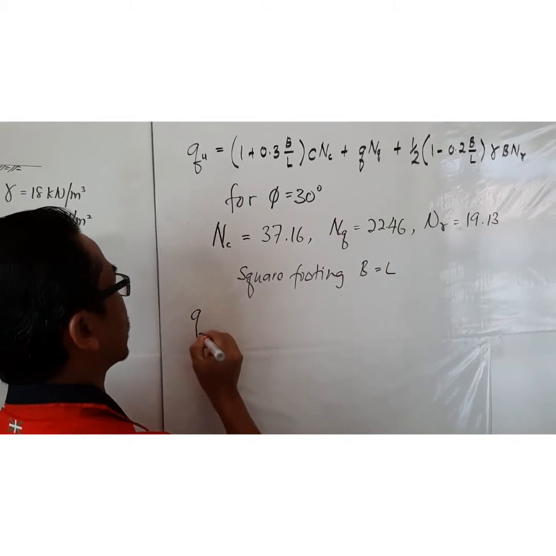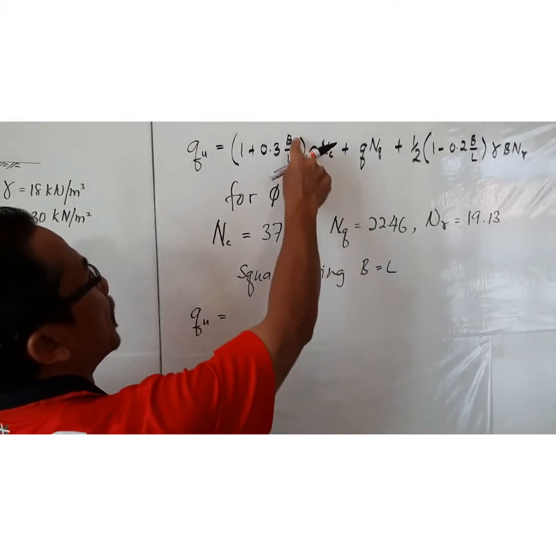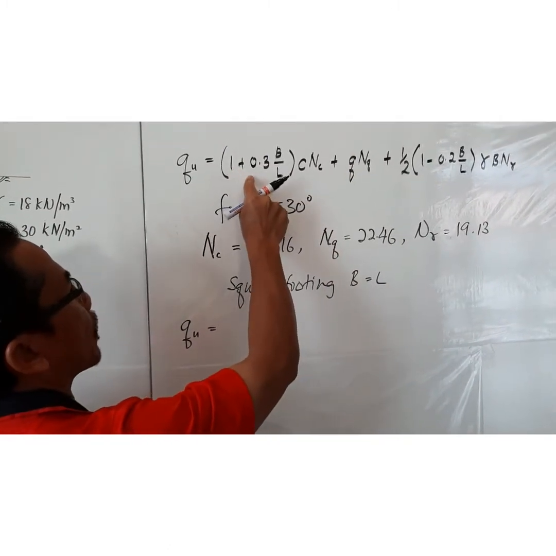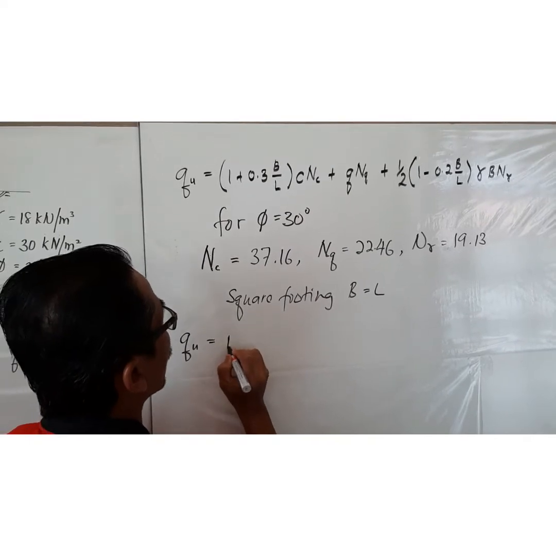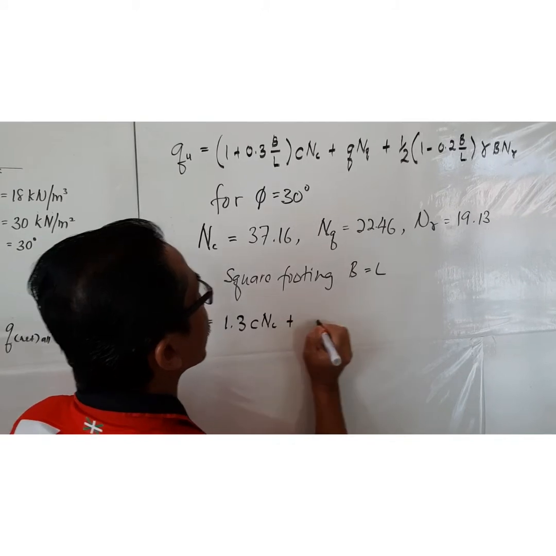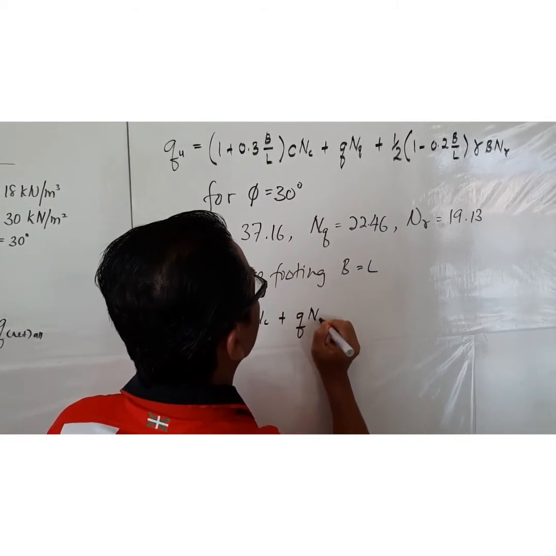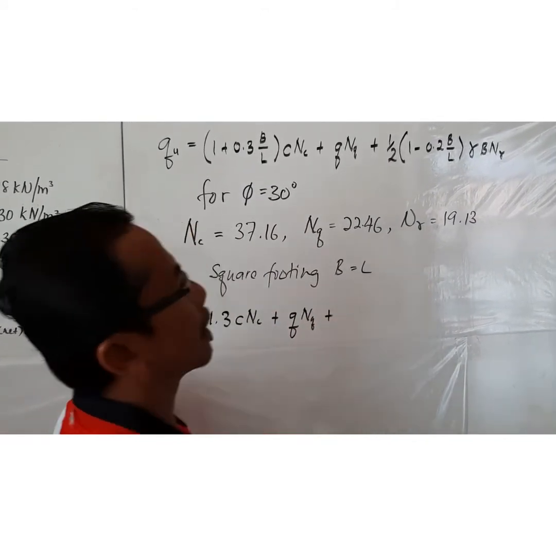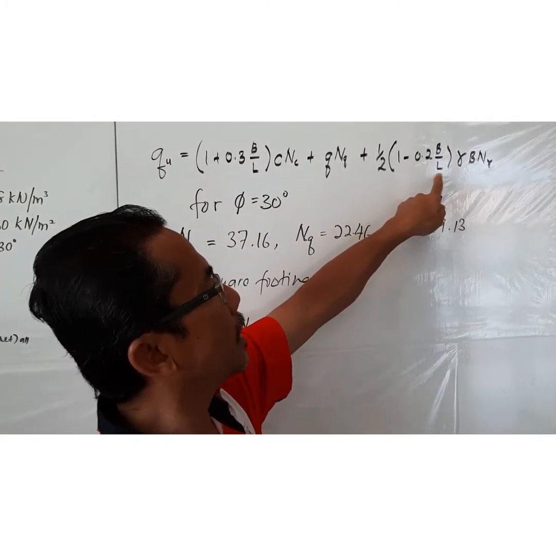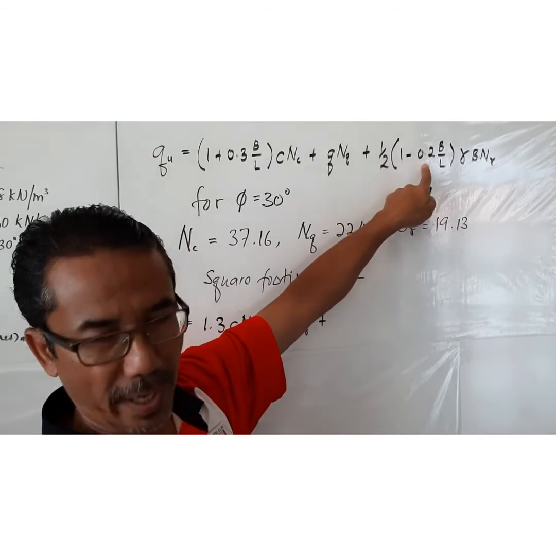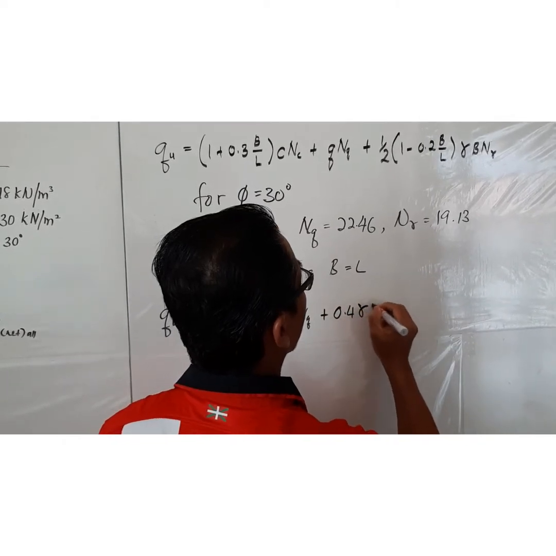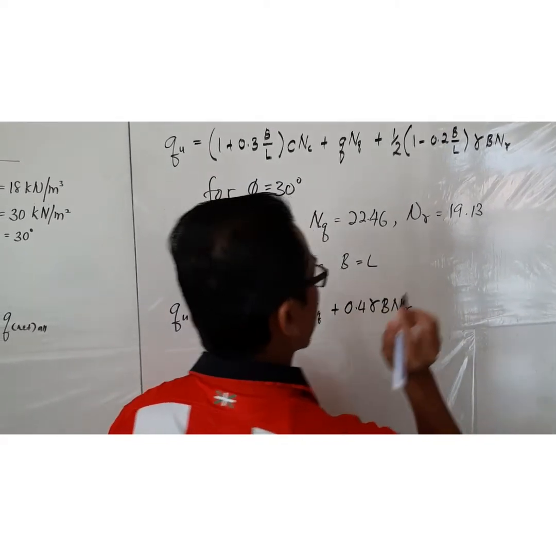It becomes q sub u, with B over L equals 1, then in this parenthesis, 1 plus 0.3 becomes 1.3, c N sub c, plus q N sub q, plus 1 minus 0.2 B over L, with B over L equals 1, then 1 minus 0.2 is 0.8, divided by 2 becomes 0.4, gamma B N sub gamma.